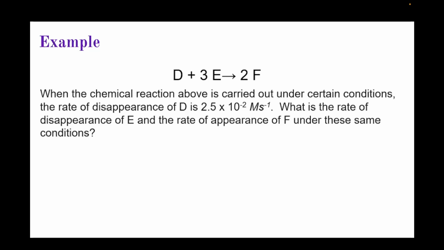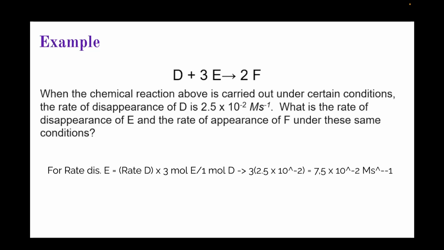And we could see, if you want to plug it in and do the math, for the rate of disappearance of E, it's equal to the rate of D times 3 mole of E over 1 mole of D. Basically, just the coefficients. So for the rate you're trying to find, you put that coefficient over the coefficient of the rate you know and multiply it with the rate you know.